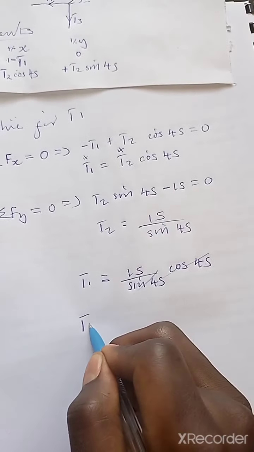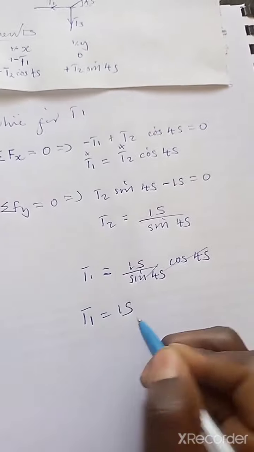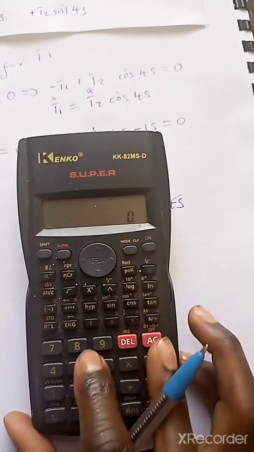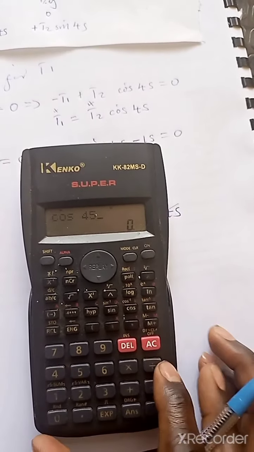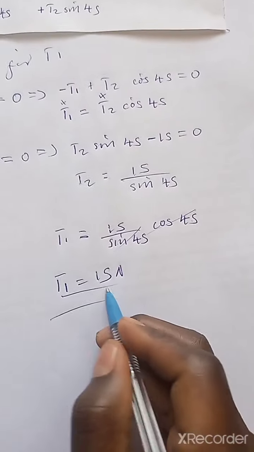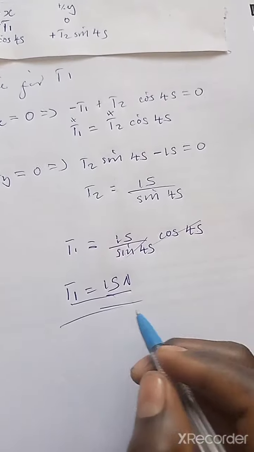So T1 is equal to 15 newtons. Otherwise, if you punch it in on your calculator, you say cos 45 divided by sin 45 and you get 1. So that's how you get your 15 newtons.